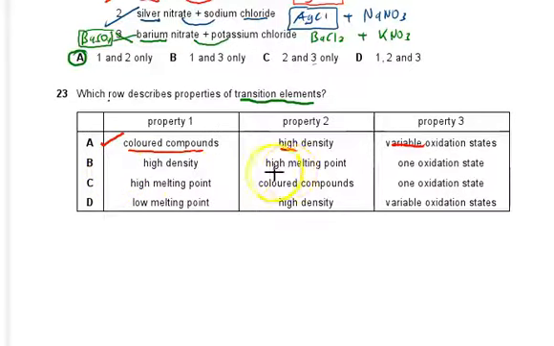B, high density, high melting point, and one oxidation state. No, because transition elements have variable oxidation states, so both of these are not acceptable. And look at here, low melting point, which is wrong, because transition elements have a high melting point. So your best answer here will be A. Alright, so this is for question number 23.